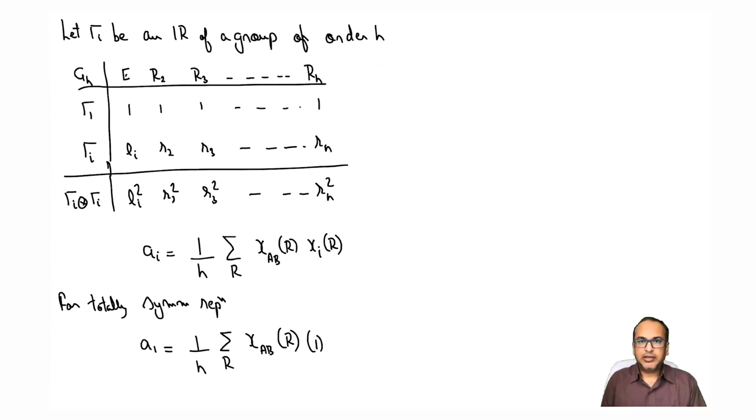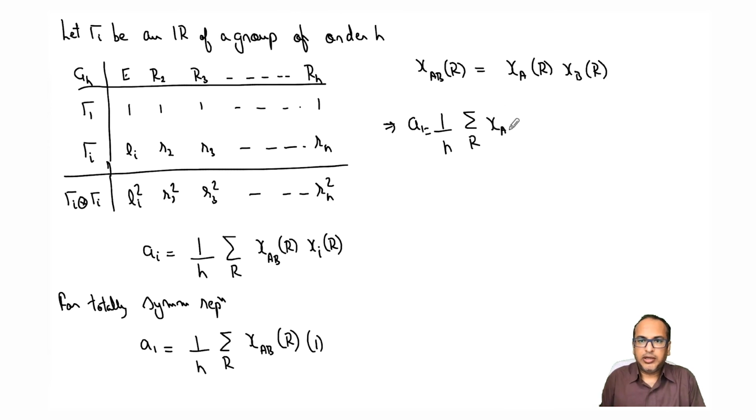So this implies that I can write my character as chi A of R times chi B of R, right? I can always use this equation here. So A1 is equal to 1 over h summation over all R of chi A of R chi B of R, where A and B are two irreducible representations.